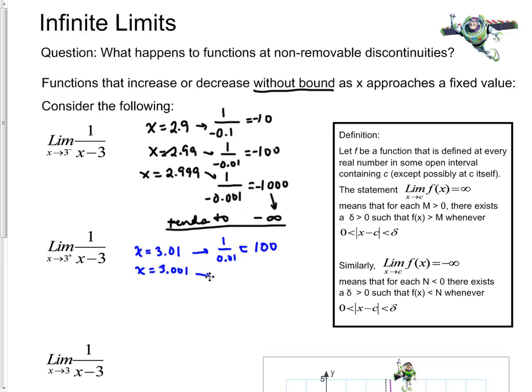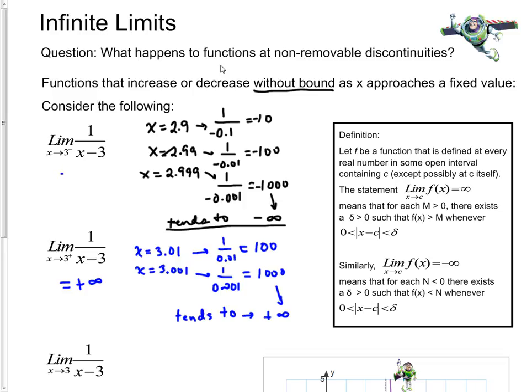As we approach 0.001, our y value goes towards 1,000. And as you follow the pattern right here, as we did before, it's tending towards positive infinity. That is, this function is increasing without bound in the positive direction. So we say this limit tends to positive infinity.